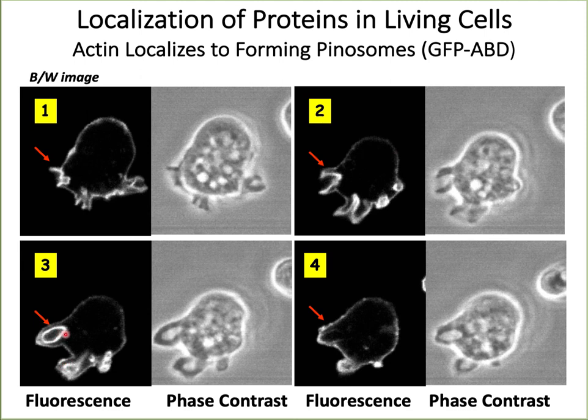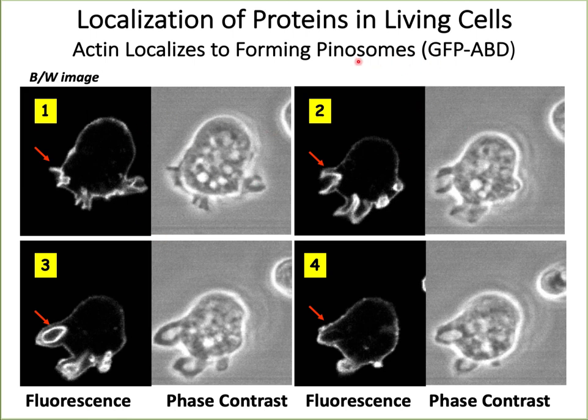In frame 3, you can clearly see that the vesicle has been pinched off within the cytoplasm and is surrounded by actin. In frame 4, the vesicle is still there, but there is no actin. So this experiment shows that actin is very important in the formation of endosomes.